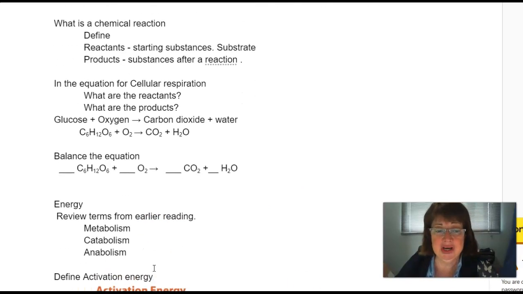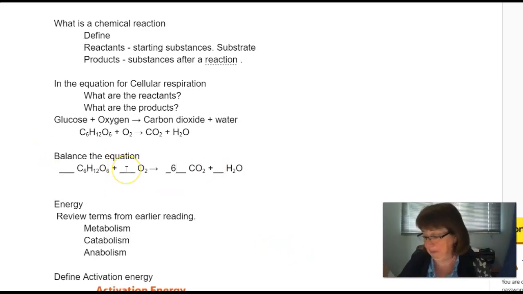Then there's one thing called balancing the reaction, and that's important especially when we look at how the energy is formed. Notice that there are 6 carbons at the start in the glucose molecule, but there's only 1 in the carbon dioxide molecule. So you need to add a 6 in order to balance the chemicals. Next we have hydrogen.